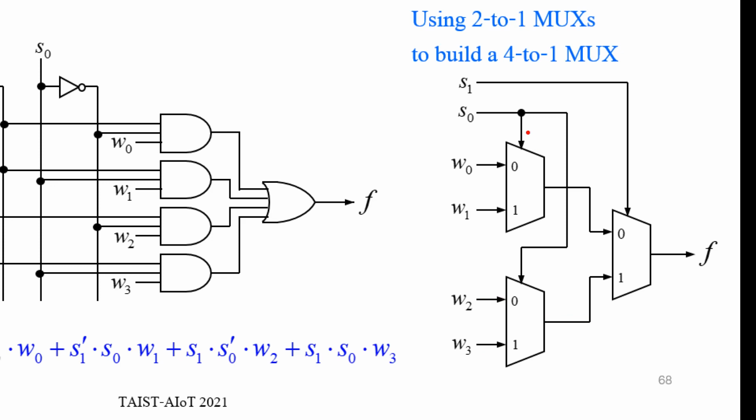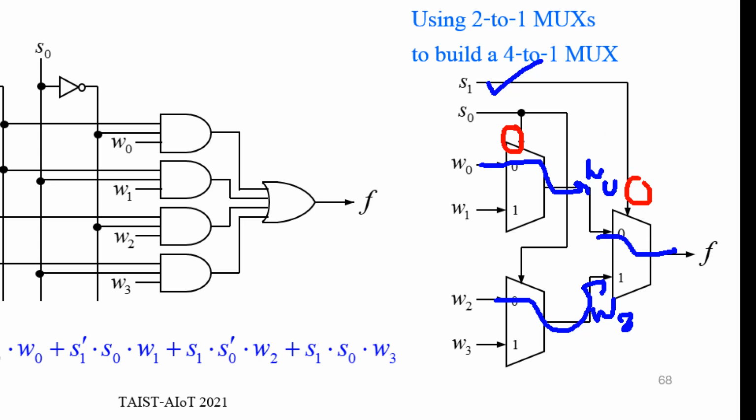For example, if S0 is 0, S1 is 0, that means this goes to here, this goes to here, W0, W2, and when S1 is 0, you select this. Your output becomes W0.